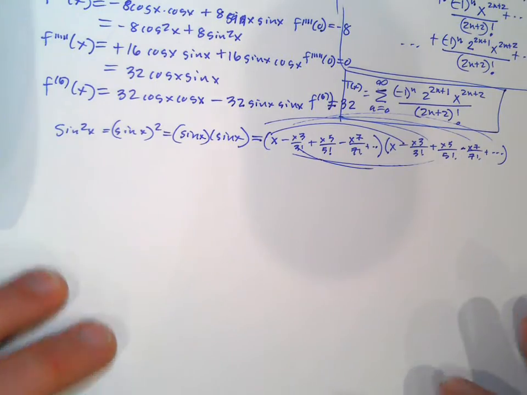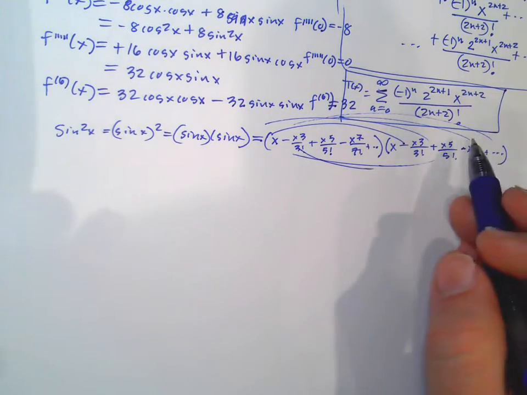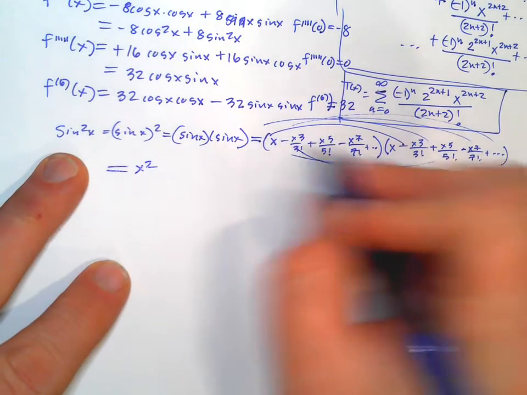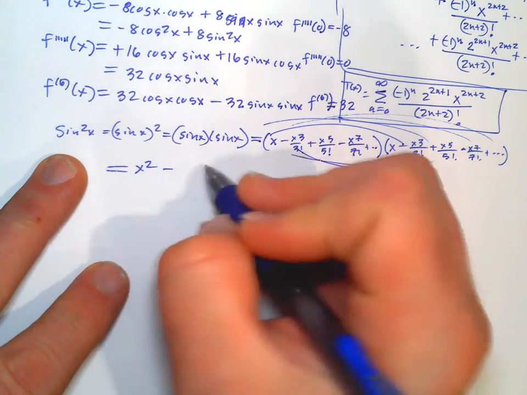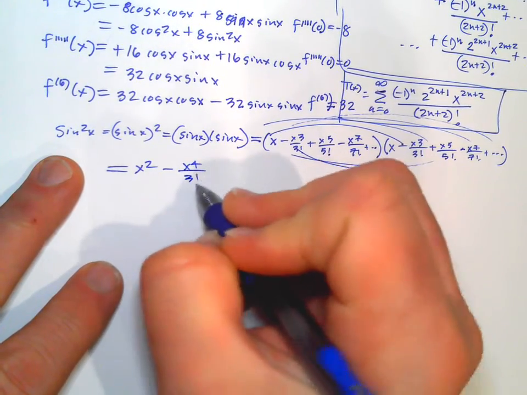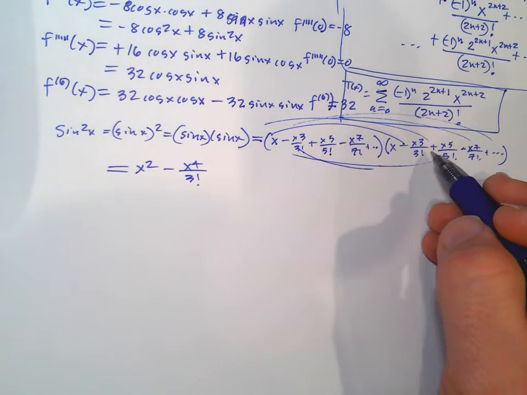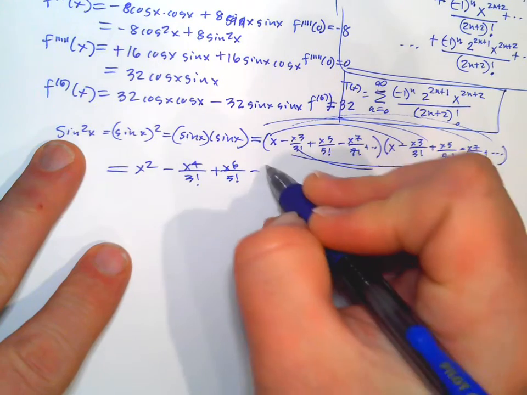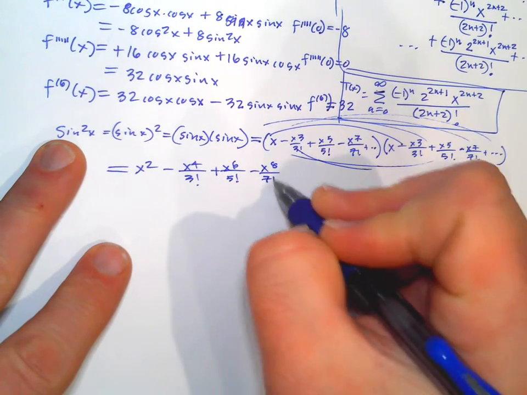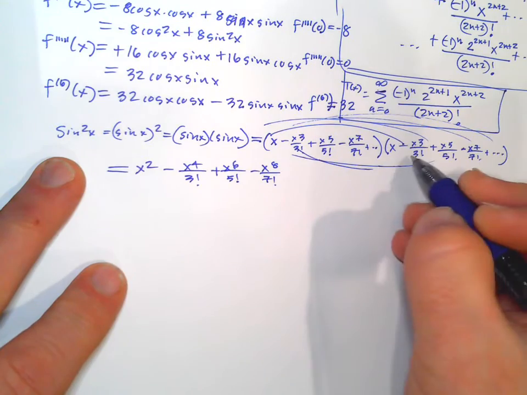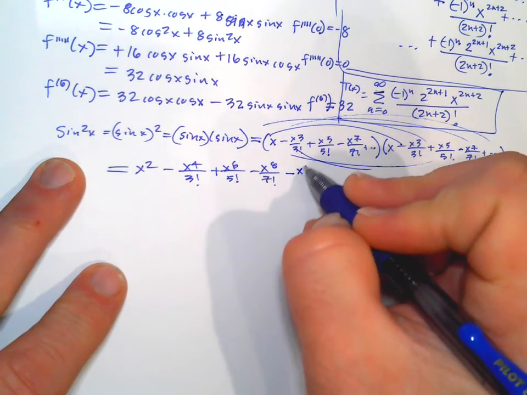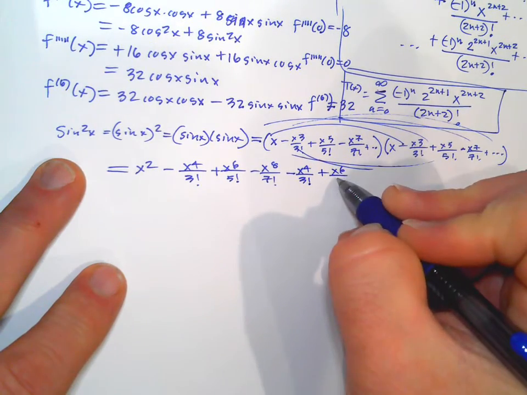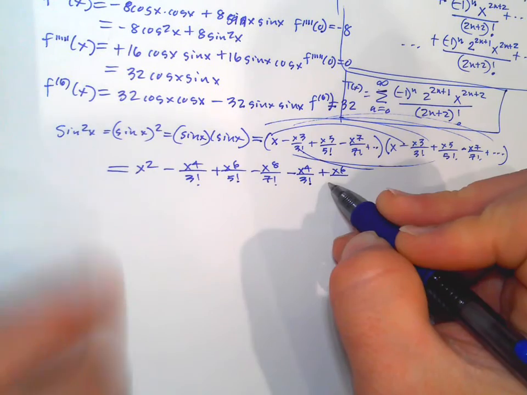Now, this goes on for infinity, but we could just do the first terms and see what we get. So if we do that, we get x squared, right? And then we get minus x to the 4th over 3 factorial, plus x to the 6th over 5 factorial, minus x to the 8th over 7 factorial. And then we do this one and we get minus x to the 4th over 3 factorial plus x to the 6th over 3 factorial times 3 factorial.